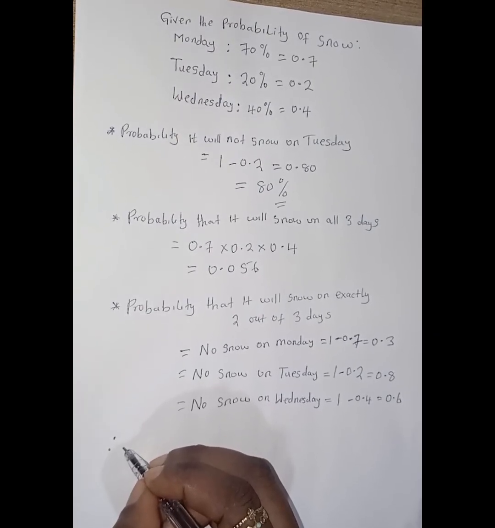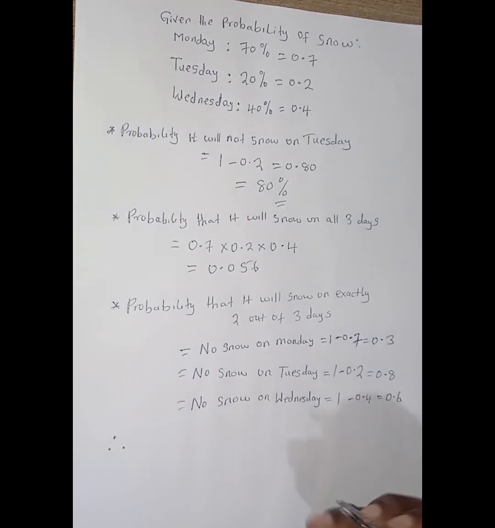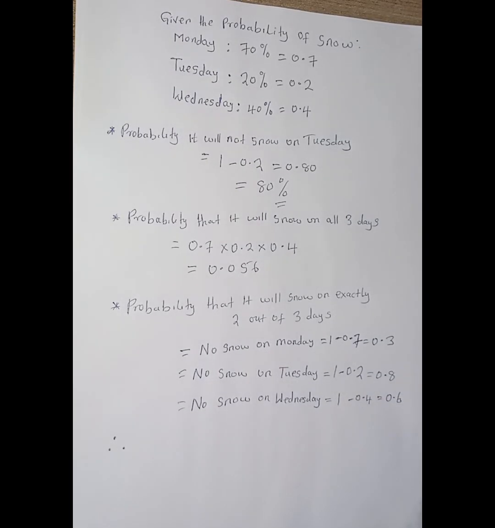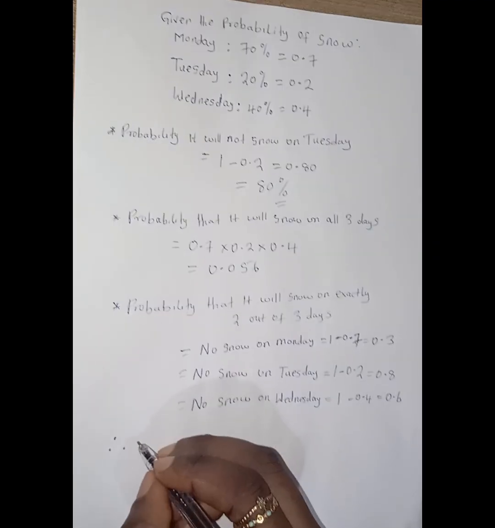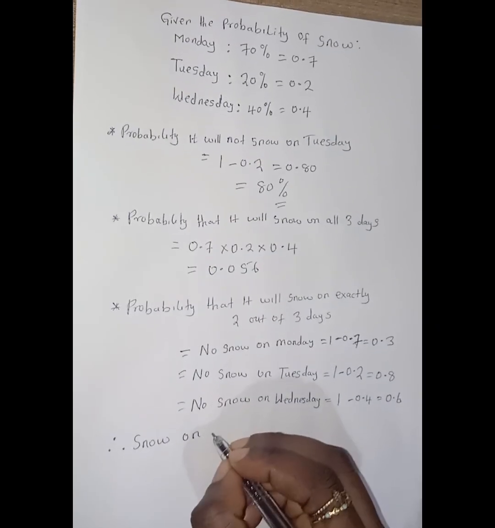Now, the probability that it will snow exactly 2 days means it will snow on 2 days and it will not snow on the remaining 1 day. Do you get? And this can happen in three possible ways, right?